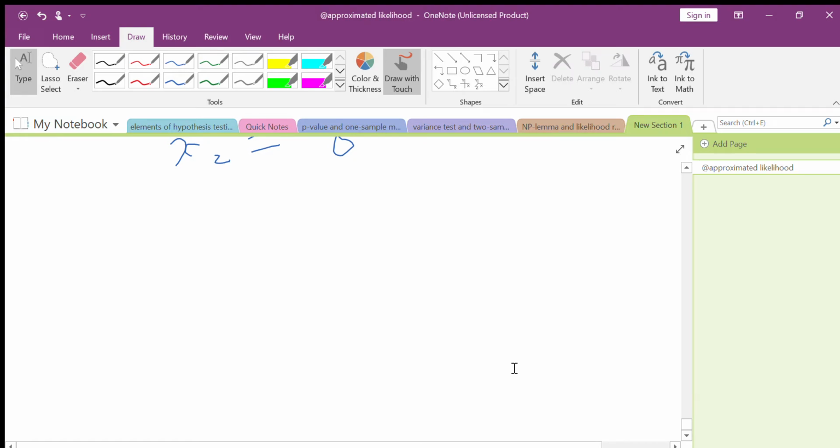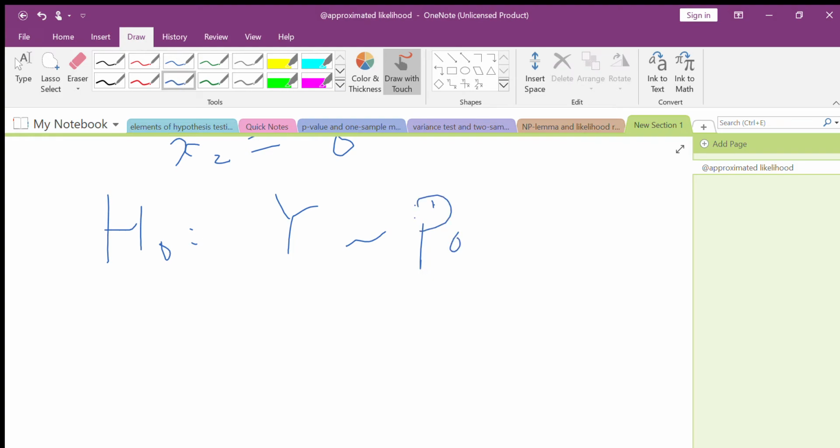So we would like to test what? The null hypothesis is that capital Y, the number of accidents per week, follows a Poisson distribution with some unknown parameter lambda. So H1 is not H0.